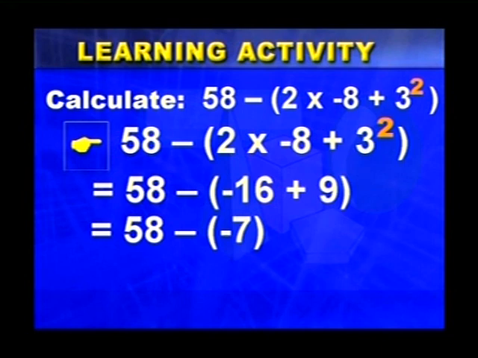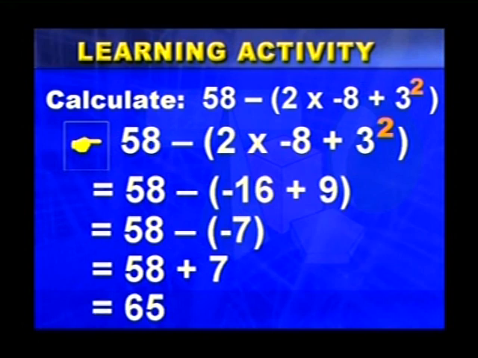Same sign, what would be the operational sign that will go in here? Positive. So 58 plus 7, what would be your answer now? Positive 65. Very good. That is the steps on how to calculate such a problem.